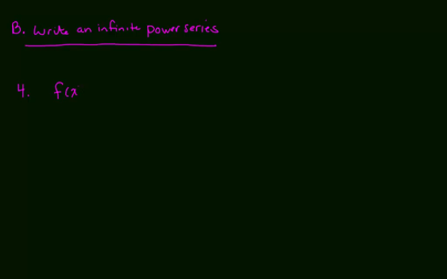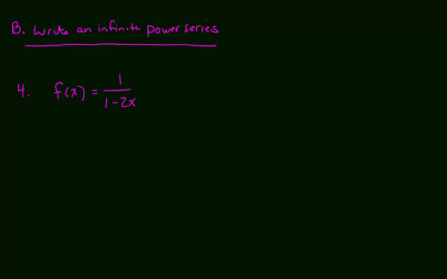So in this example, f of x equals 1 over 1 minus 2x. So that's a function, just like any other case. We have this rational function. Now, the directions want us to write this function as a power series.